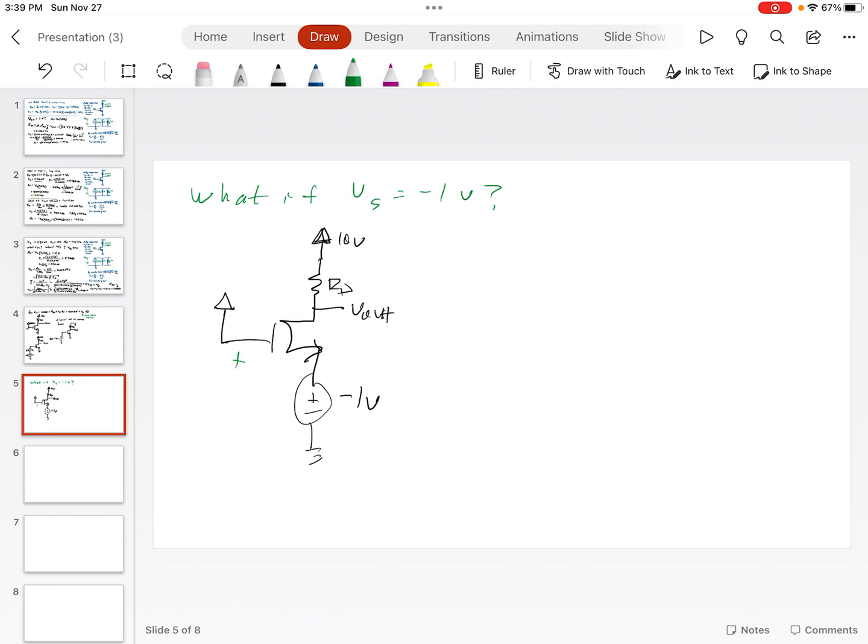Well, we need to have VGS at 0.858 volts.